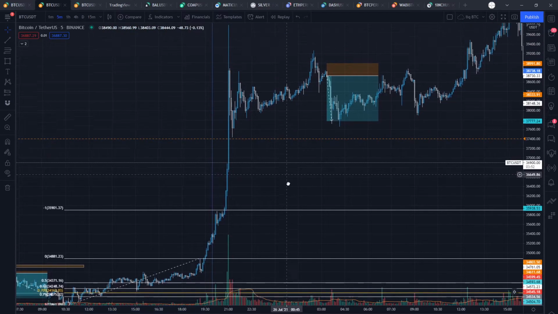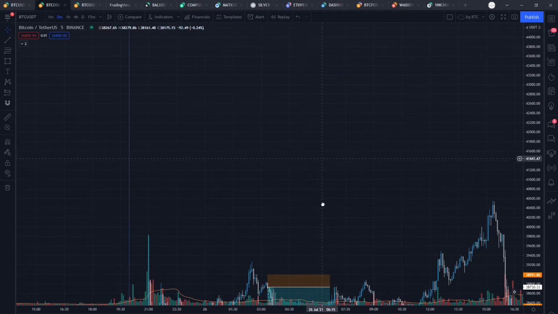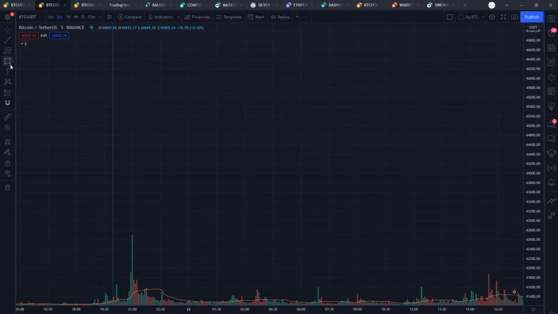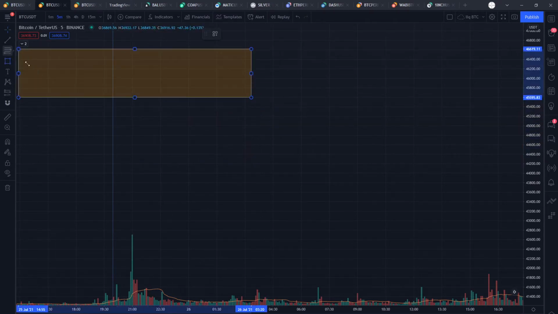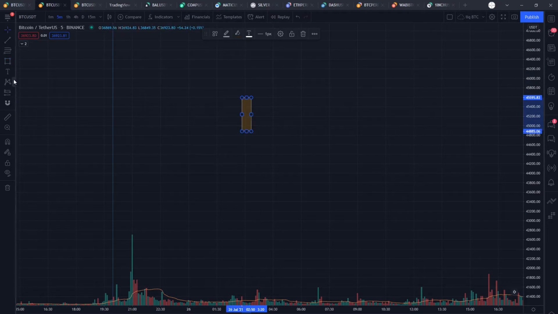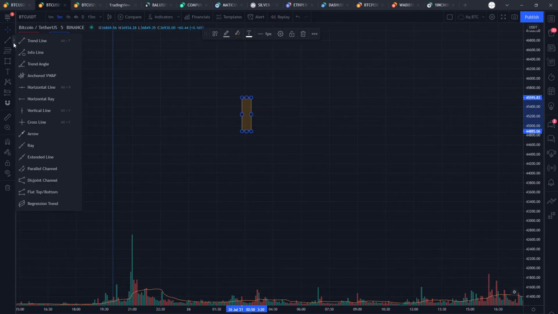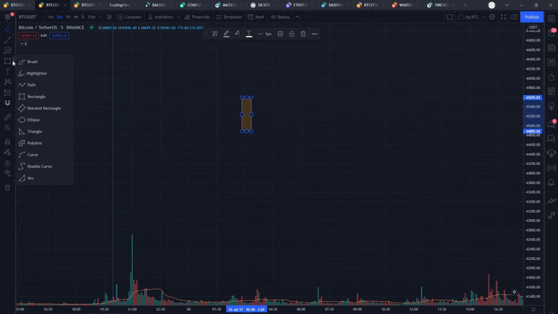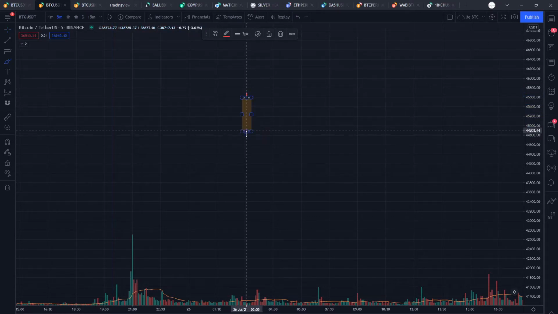So, imbalance is essentially when we have a candle, right? We have a candle that looks something like this, and we usually have a wick on either side of the candle, and then when we form our next candle, we'll usually have a wick, and then another body like that.